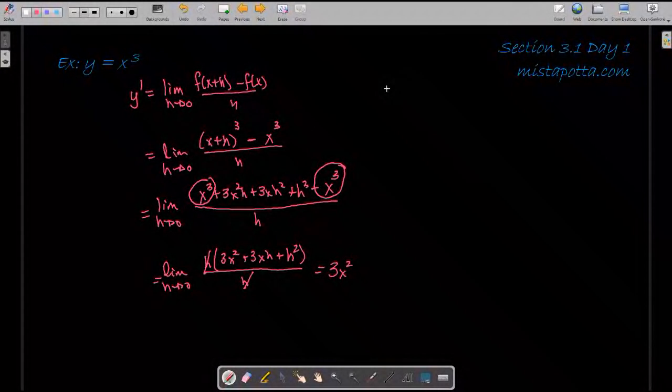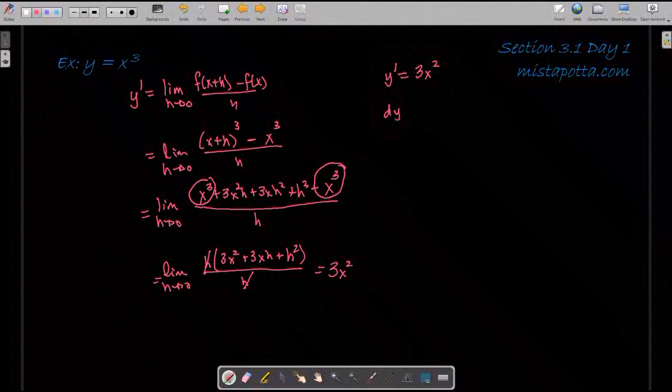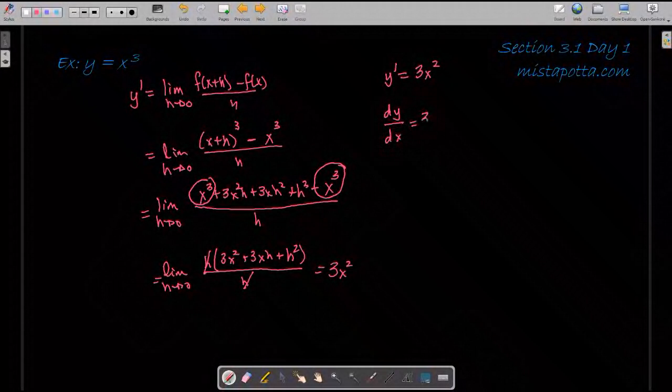So in this situation, I would say that my derivative function is 3x squared. And I can write it using either Newton's notation or Leibniz's notation. Either one is perfectly acceptable.